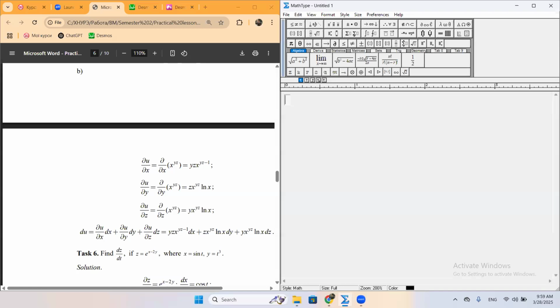I will explain to you what it means. So we have the following function: z equals e to the power of x minus 2y, and x is the function sine of t, and y equals t cubed. So x and y are functions as well.